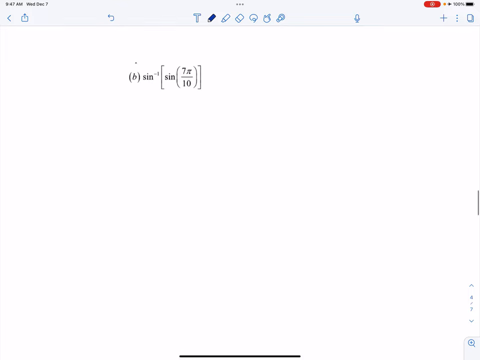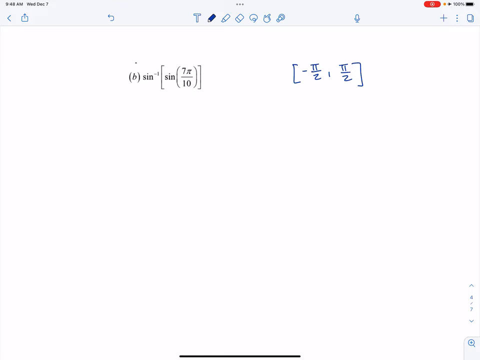Next we have sine inverse of sine of 7 pi over 10. Now what is our interval? Our interval is negative pi over 2 to pi over 2. So you might say, okay, sine inverse is the inverse of sine, so I'm left with 7 pi over 10.